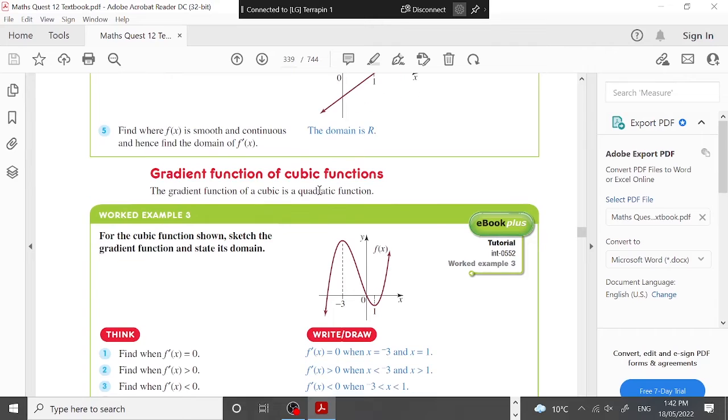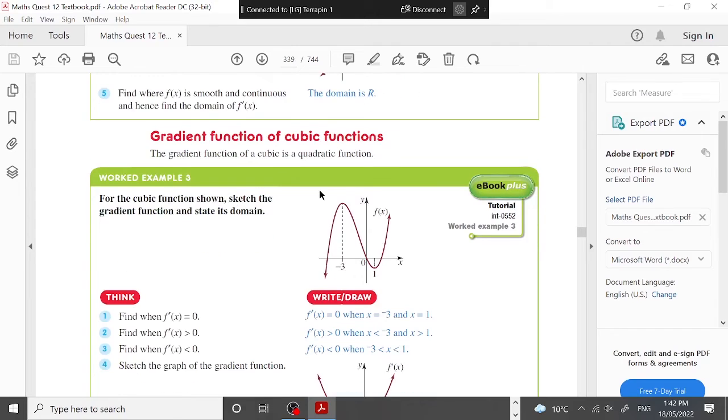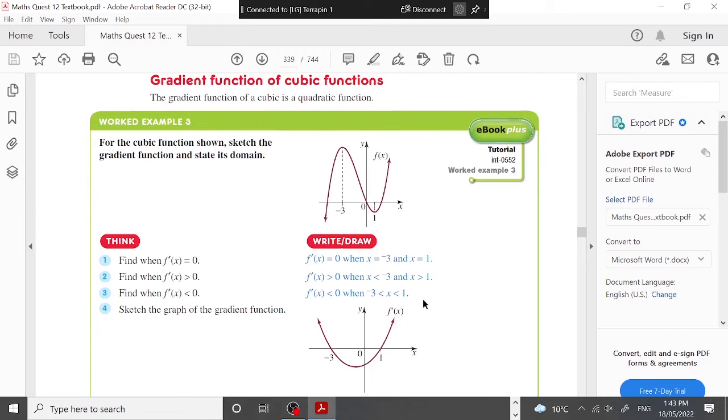For cubic functions, again, the first step is to find where our gradient is going to be equal to 0. And so we can see here, we've got our turning point at -3, so we're going to have a 0 gradient there. We're going to have a 0 gradient at x equals 1 as well. So those 2 points is where the gradient function is going to be passing through the x-axis.